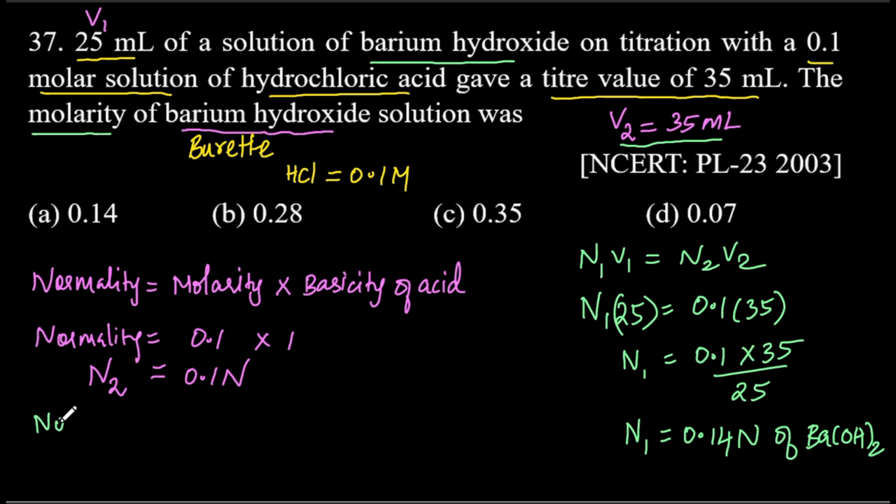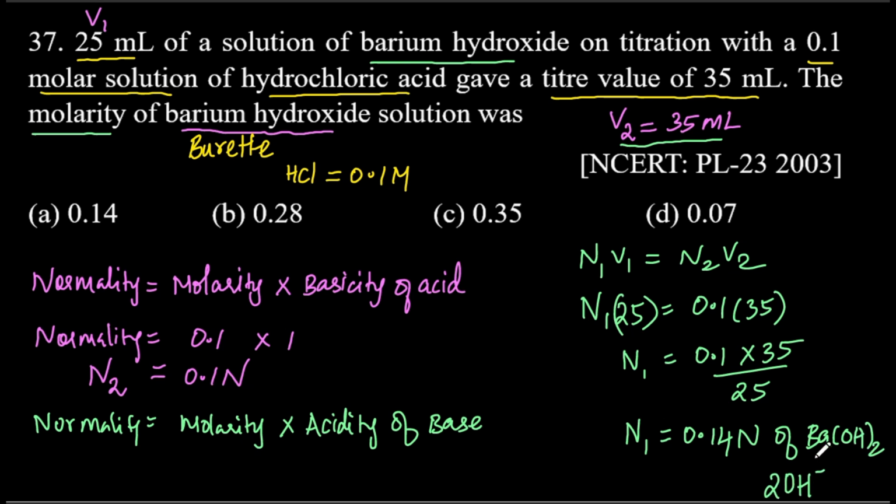But in question they are asking to find the molarity of barium hydroxide. So already we told that normality is equal to molarity into, for base you have to see the acidity of base, that is the number of ionizable OH- ion. Barium hydroxide is having 2 ionizable OH- ion. It is having the formula Ba(OH)2.